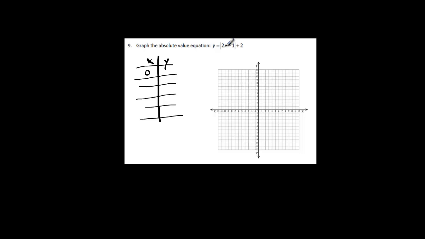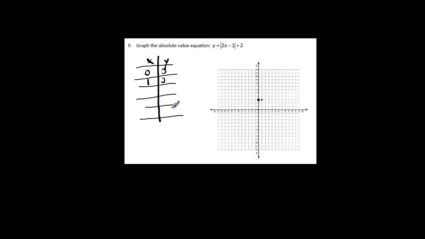Absolute value of negative 1 is 1. 1 plus 2 is 3. So 0, 3 is a point. You can plug 1 in. If you plug 1 in, 2 times 1 is 2. 2 minus 1 is 1. You get 3 also.